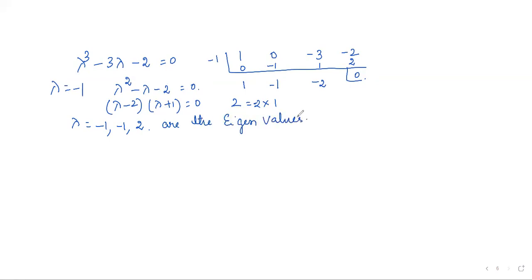Next, I have to find out the eigenvectors. To find the eigenvectors, you will be getting 3 cases. So we have to take lambda is equal to minus 1.